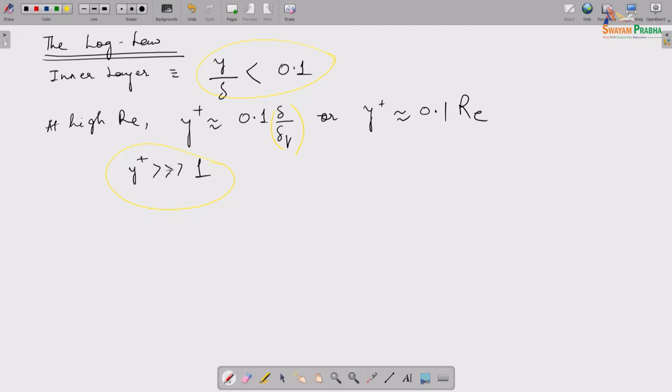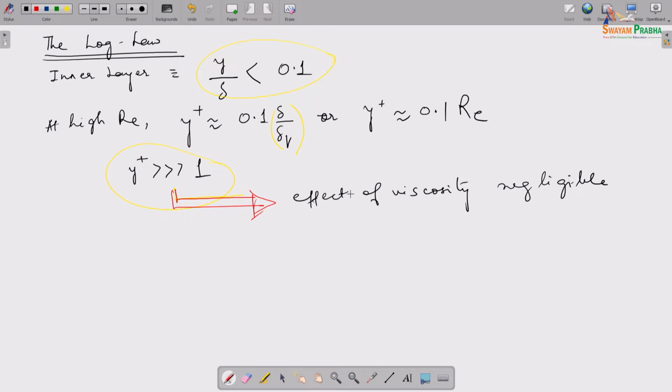All right, so once we know that, when y plus is very large, what this means is that the viscous effect is negligible.